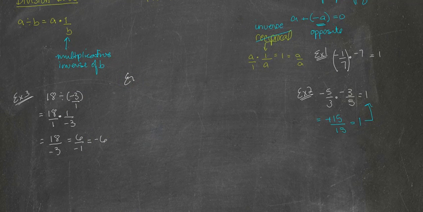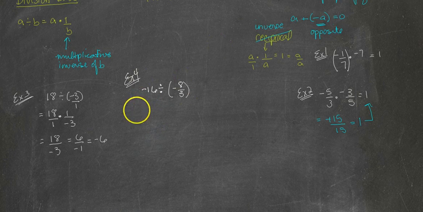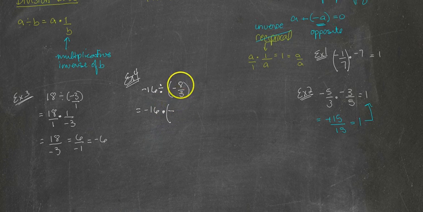Example 4. Negative 16 divided by negative 3/8. First step, and you have to write this step out, at least while you're in Algebra 1, is to write negative 16 times the multiplicative inverse of negative 3/8, and that's just negative 8/3.